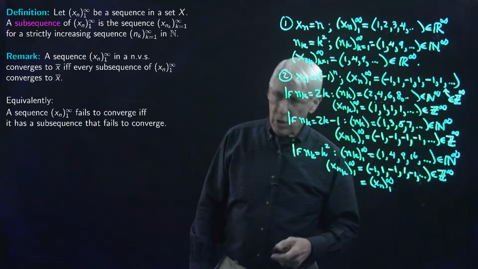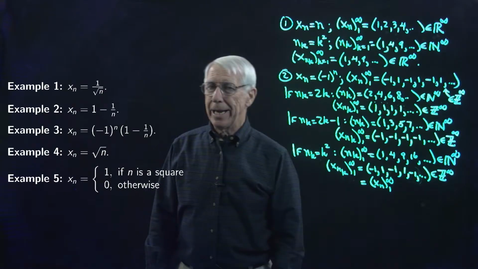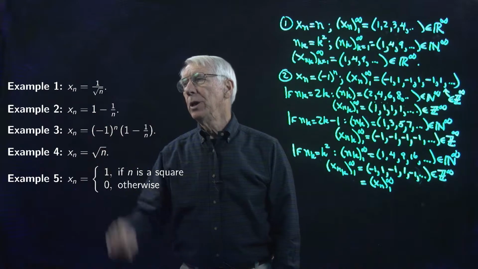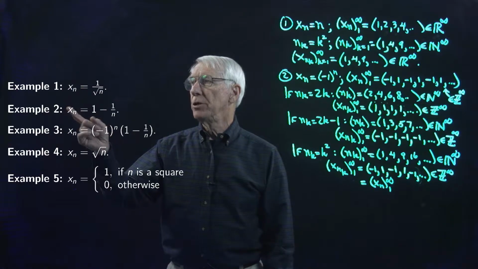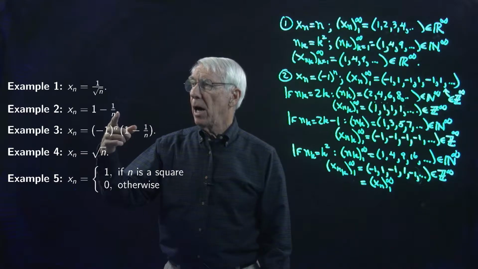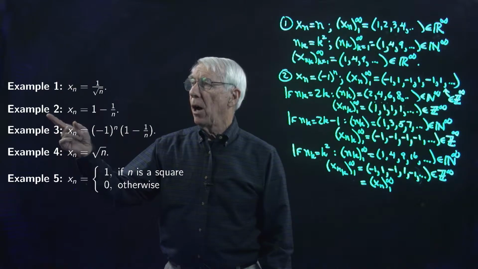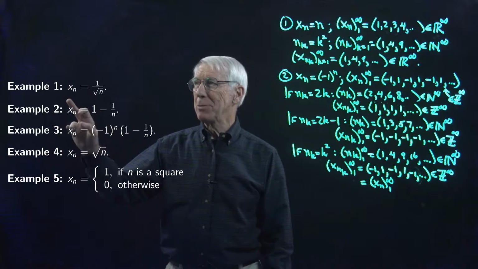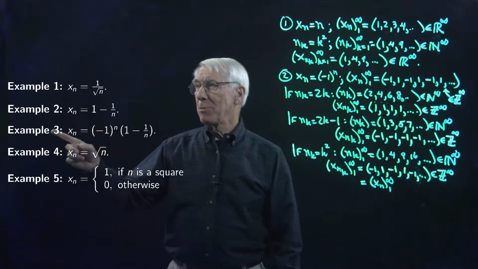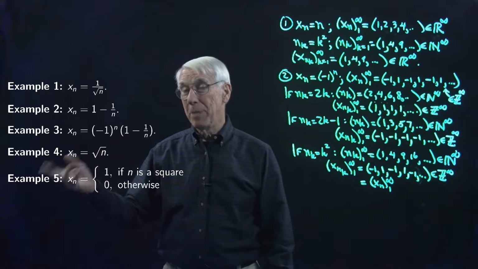So we could go back to our 5 examples that we had last time. In example 2, we have a subsequence that converges to 1. Example 3, we have a subsequence, the even terms, which converge to 1, and the odd terms converge to -1.